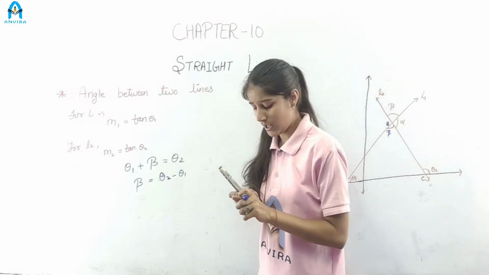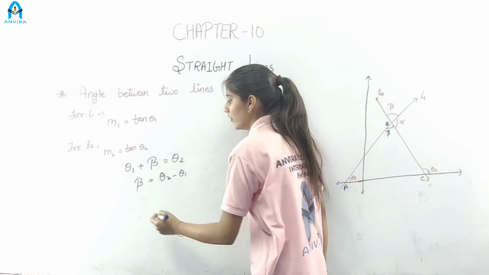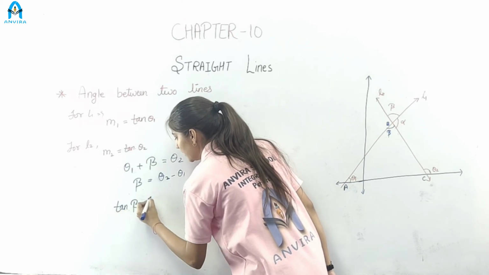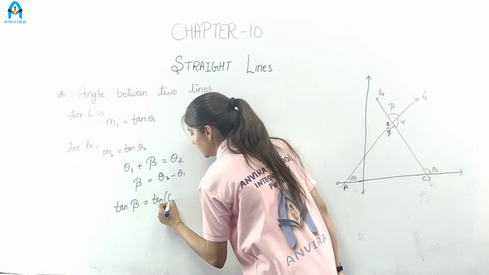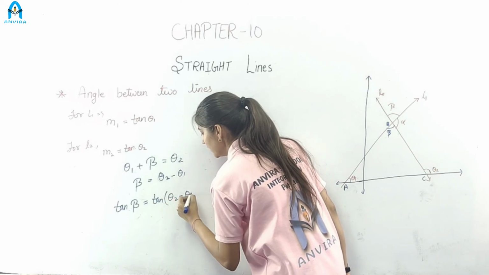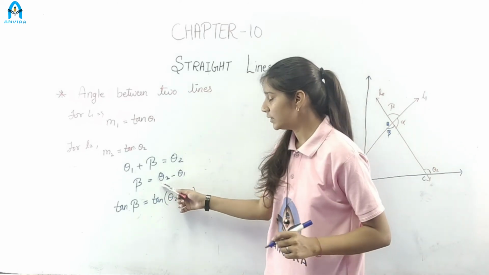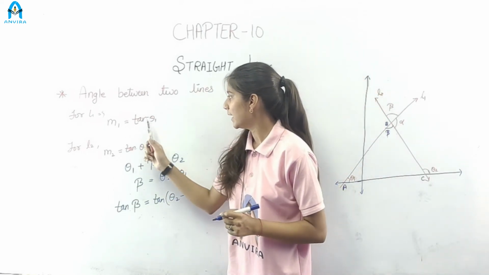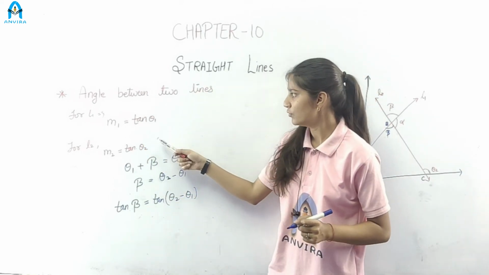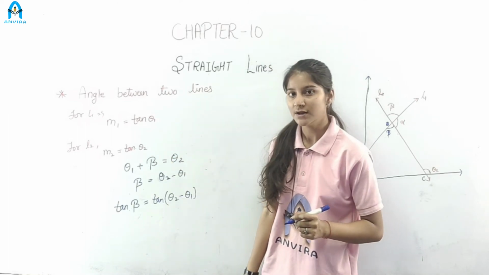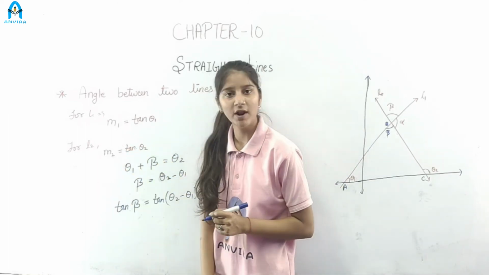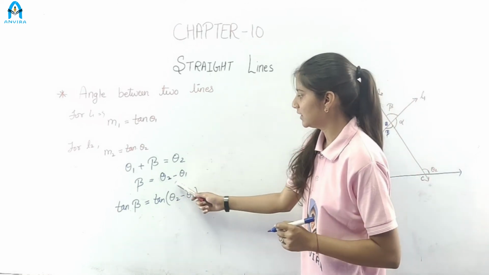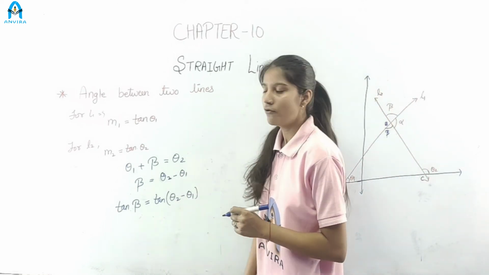Let us recall our previous knowledge of trigonometry. Here we applied tan beta is equal to tan of theta 2 minus theta 1. Since I don't have values of theta 2 and theta 1, I have the values of tan theta 1 and tan theta 2, that is my slope of line 1 and slope of line 2. So I changed theta 1 and theta 2 into the form of tan.